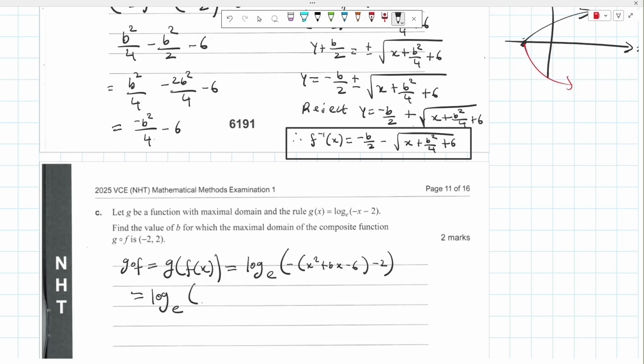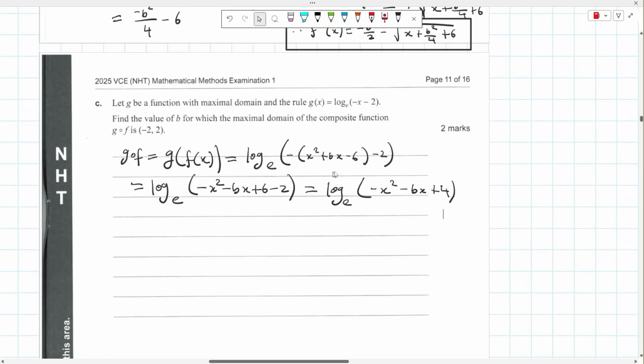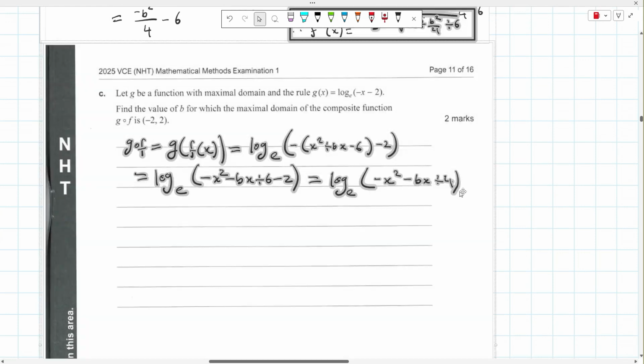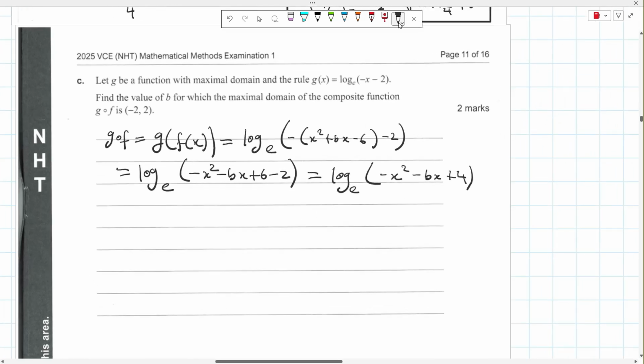That's going to be negative x squared minus bx plus 6 minus 2. That's going to be negative x squared minus bx plus 4. Right now, how would you usually find the domain of this graph right here? If I just asked you, hey, what's the domain of this graph? What would you usually do?